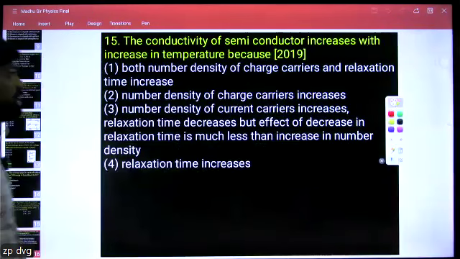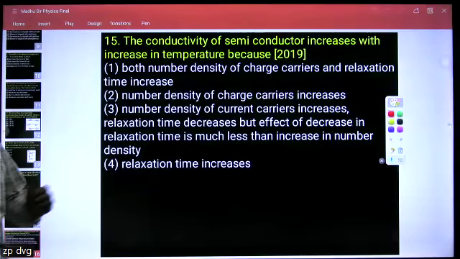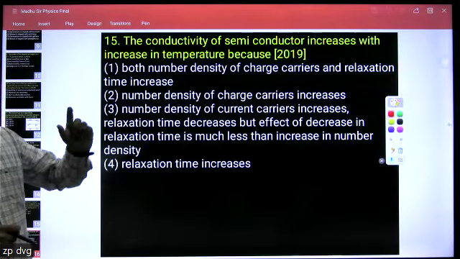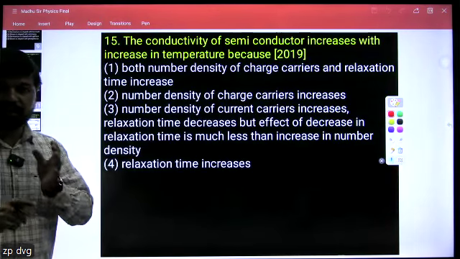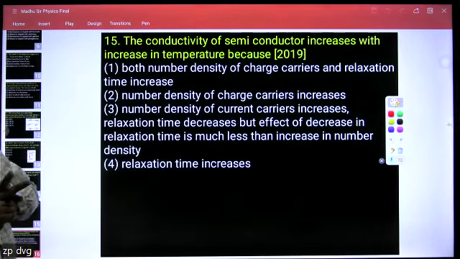The conductivity of a semiconductor increases with increase in temperature because... Yesterday in the previous class, we already discussed how to increase the conductivity of a semiconductor by increasing its temperature and increasing its doping density.